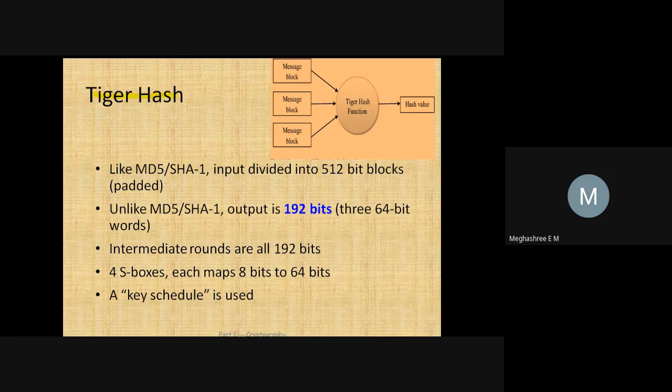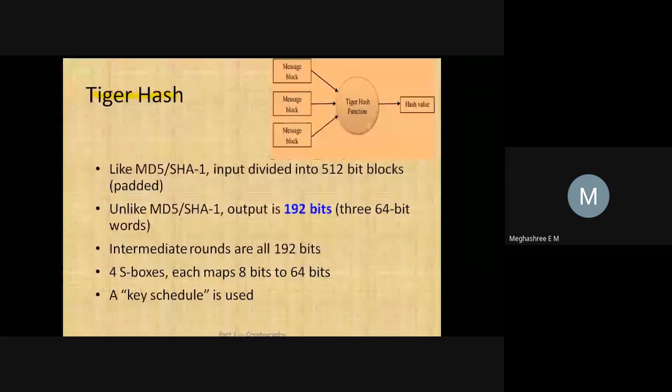This Tiger hash function is represented with the help of this diagram, where you can see the input is divided into message blocks. Here I'm representing it with 3 blocks, right? So the message is divided into 3 blocks. This is fed as input for the hash function. Once the hash function is applied, you end up with a hash value.